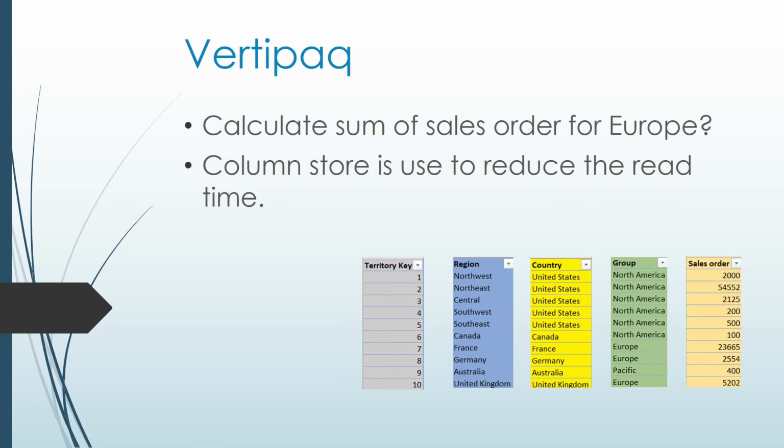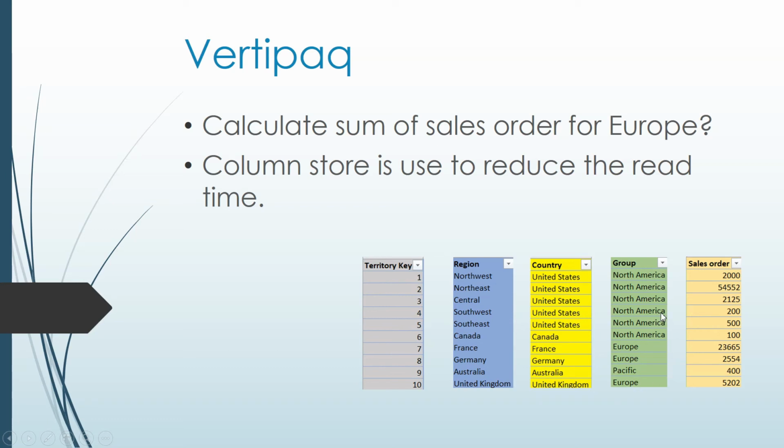But in VertiPaq, first of all, we will jump into the group column and find the rows for Europe. These are row numbers 7, 8, and 10. And then the second scan will only get values for the sales order for those rows that belong to Europe, that is 7, 8, and 10.